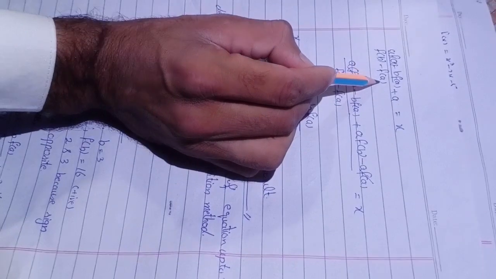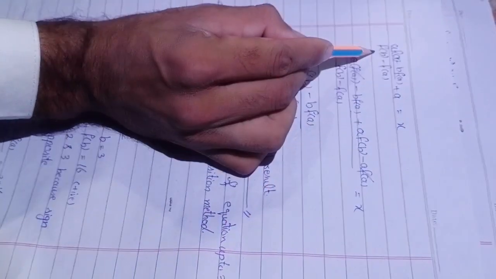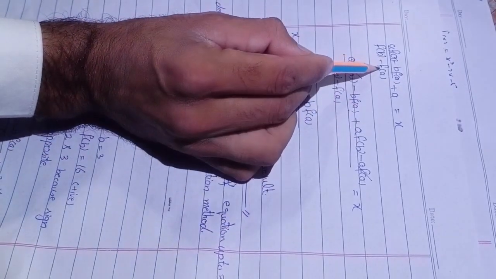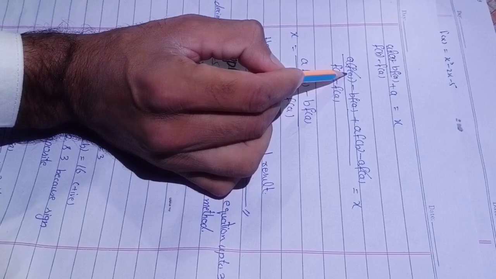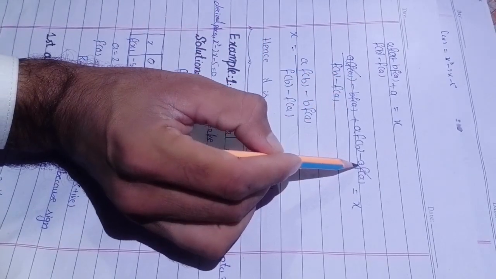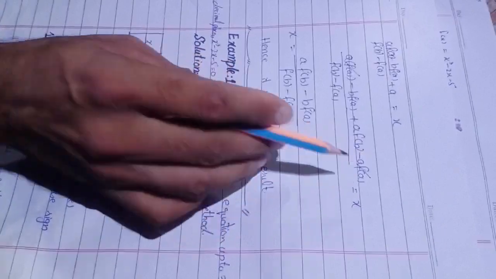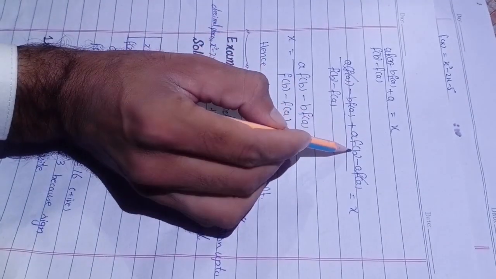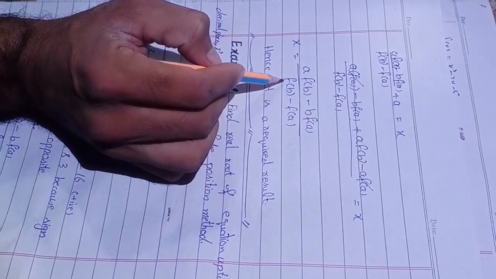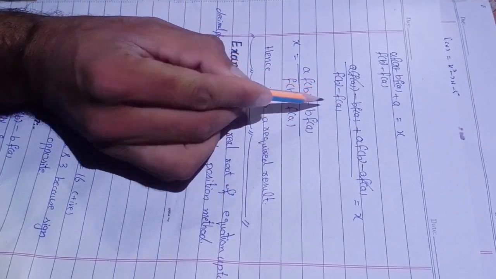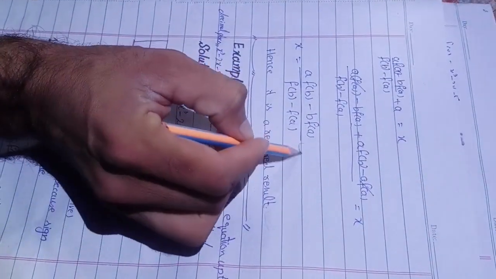Similarly, these values multiply: a into f of b minus a into f of a, where a into f of a is positive and a into f of a is negative. These values cancel, and we will get a into f of b minus b into f of a divided by f of b minus f of a. Hence, this is the required result.